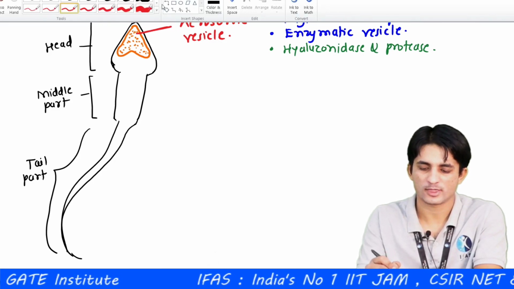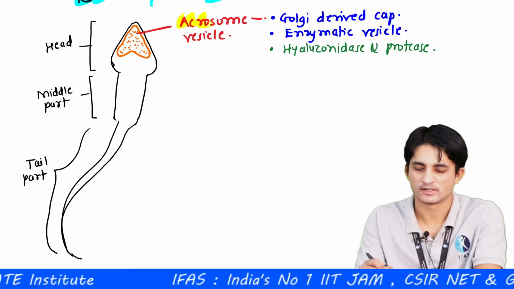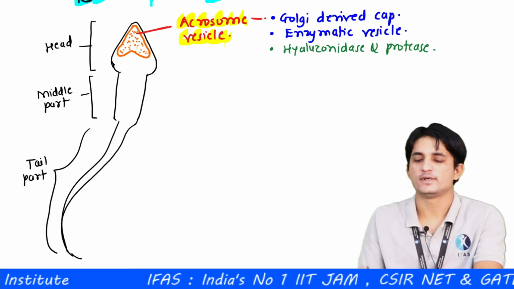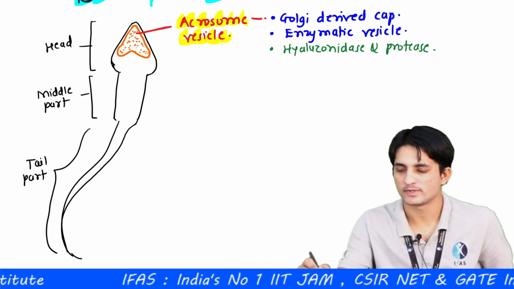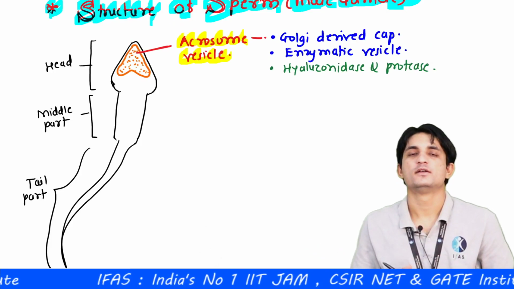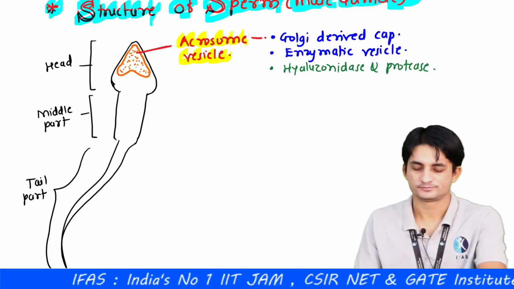It is present in the terminal region, and the acrosome is required for the digestion of the jelly coat.